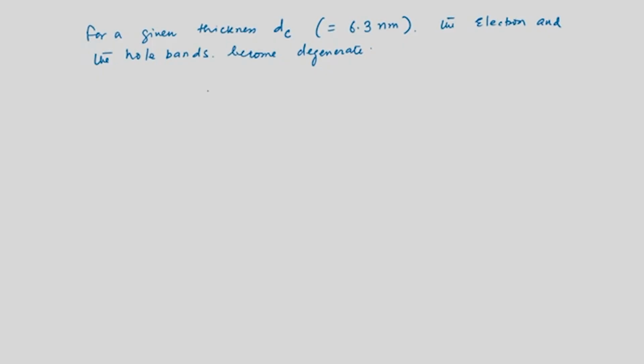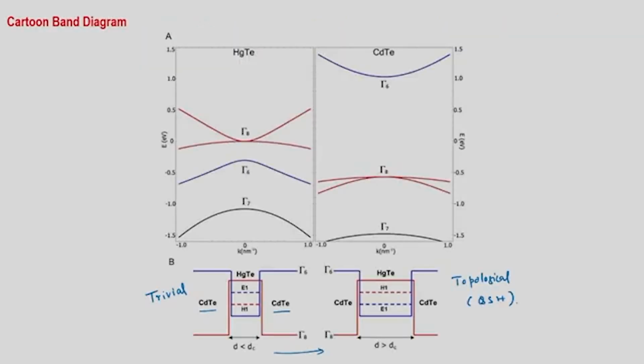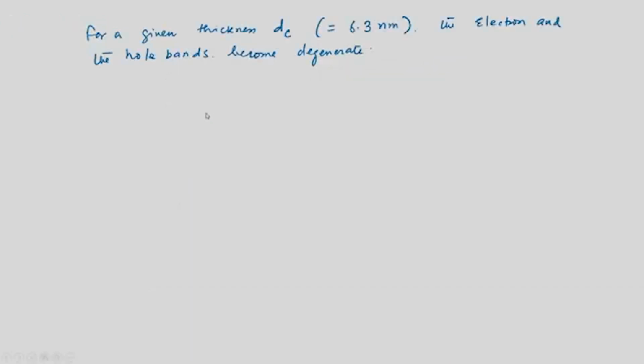And this can be exploited in the following sense. At this thickness, E1 and H1 will merge. If D is less than D_C, then E1 will be higher than H1, and if D is greater than D_C, then E1 will lie lower than H1.